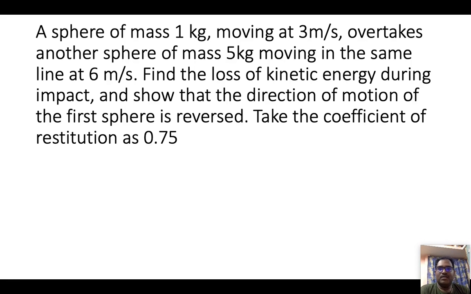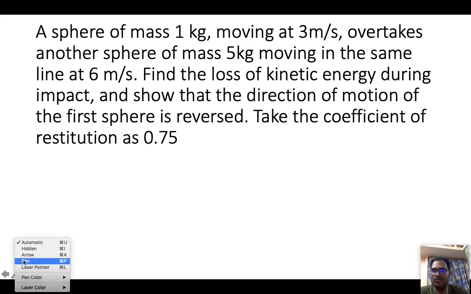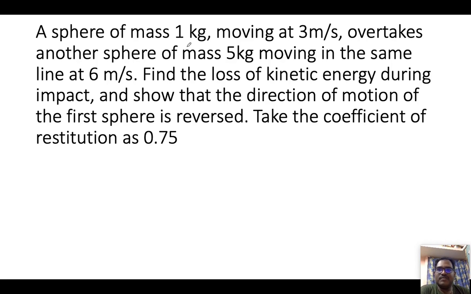Hello everyone. So this is the problem we'll be looking into. Here it has been stated that we have a mass of 1 kilogram which is moving at a velocity of 3 meter per second. So they have given us mass m1 and u1, which is 3 meter per second.